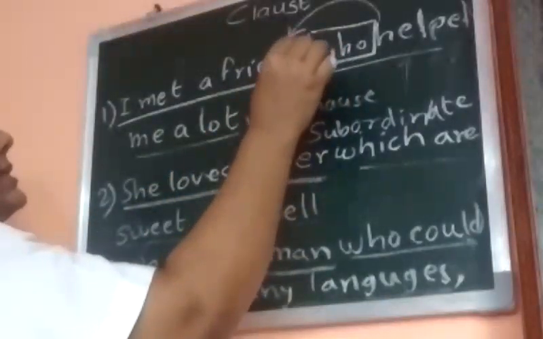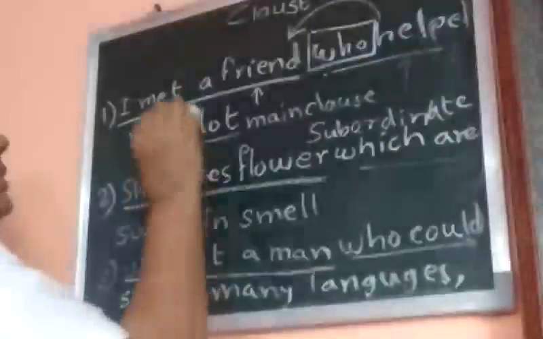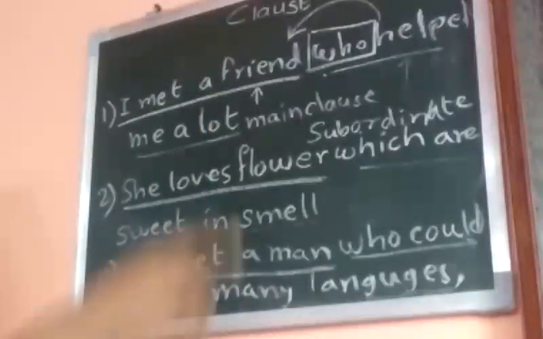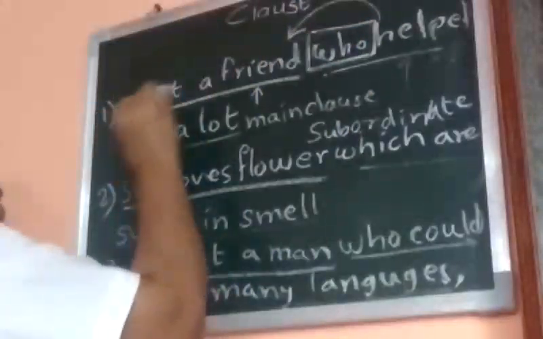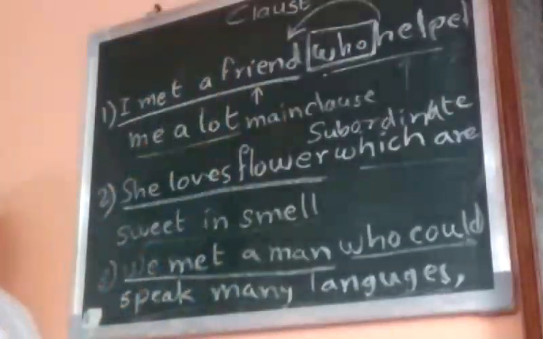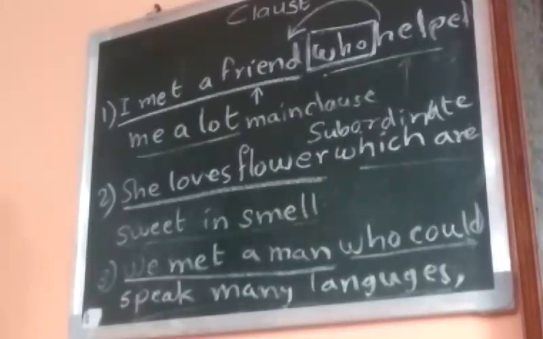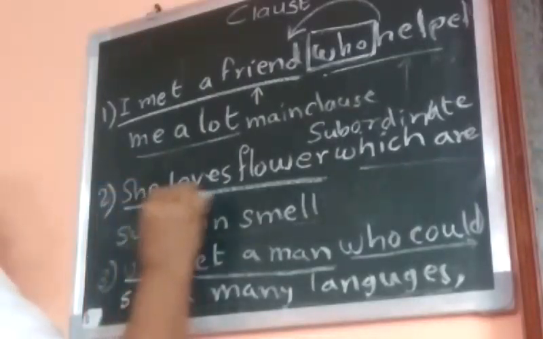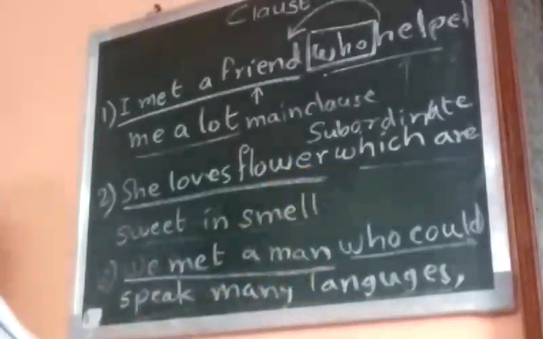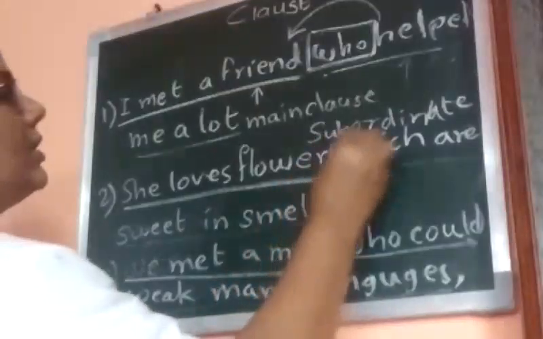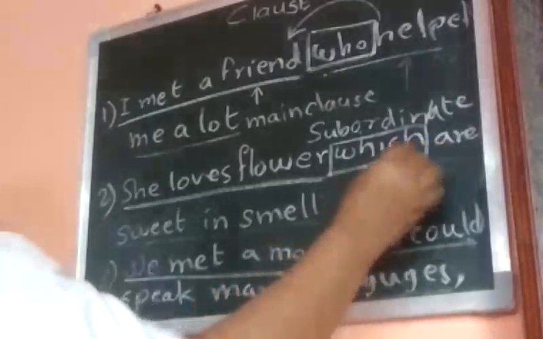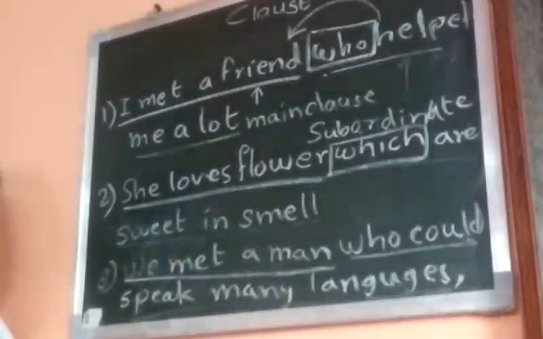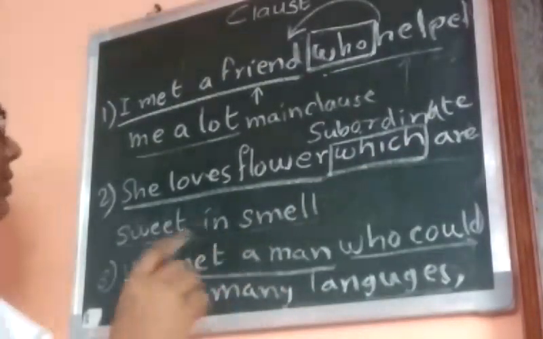In this sentence, who helped me a lot is the subordinate clause. Who is the subordinator and I met a friend is the main clause. In the second sentence, she loves flowers is the main clause, which is the subordinator, and which are sweet in smell is the subordinate clause.